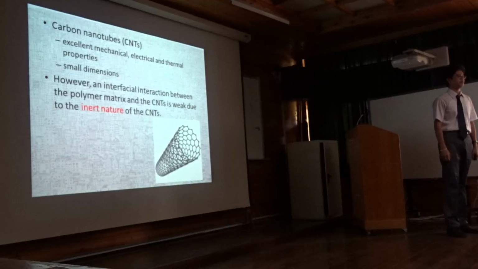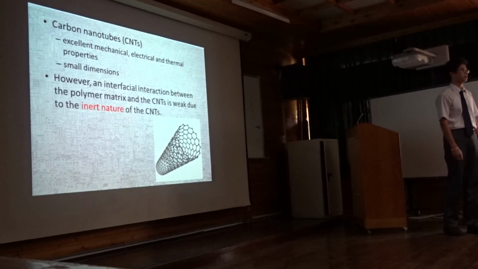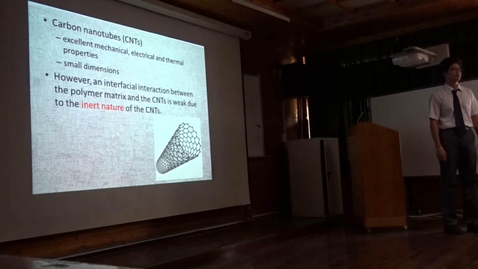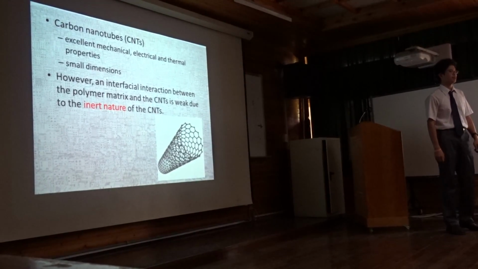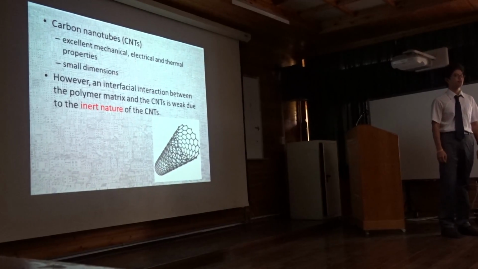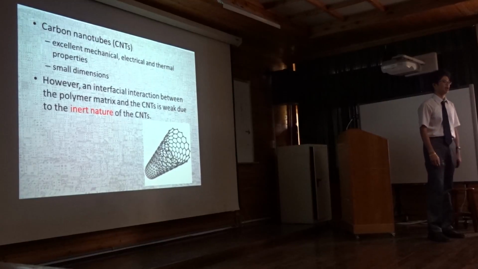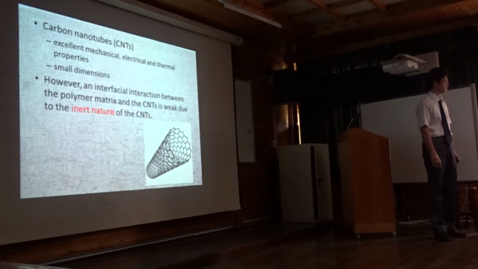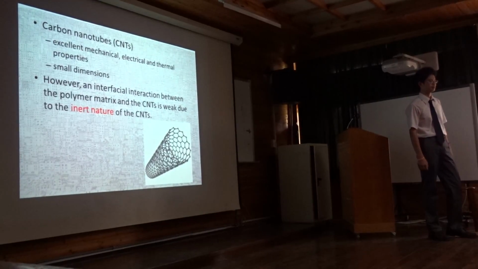The carbon nanotubes possess excellent mechanical, electrical, and thermal properties, making them an ideal candidate as reinforcing filler. Small dimensions of carbon nanotubes mean they have much greater interactions with composite matrix. However, an interfacial interaction between the polymer matrix and the carbon nanotubes is weak due to the inner nature of the carbon nanotubes.